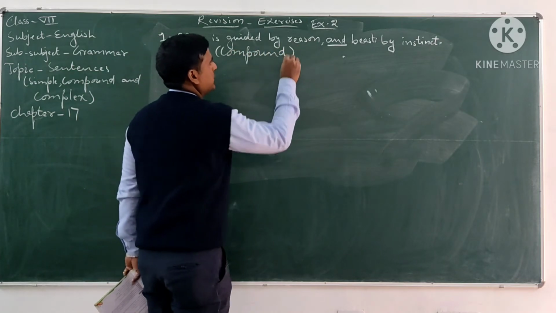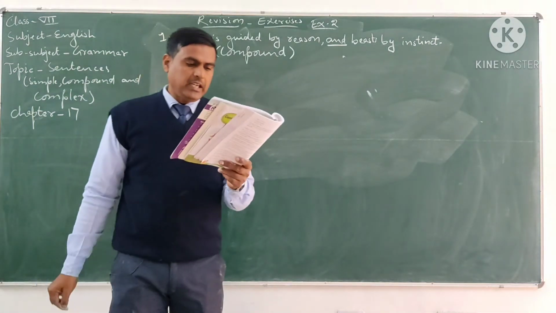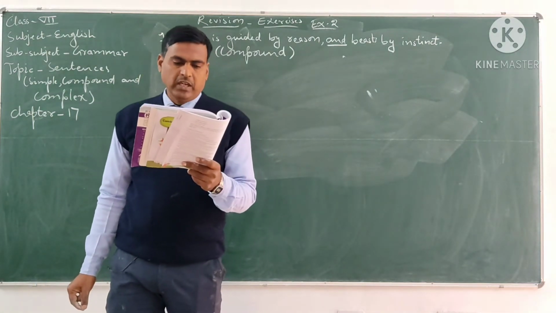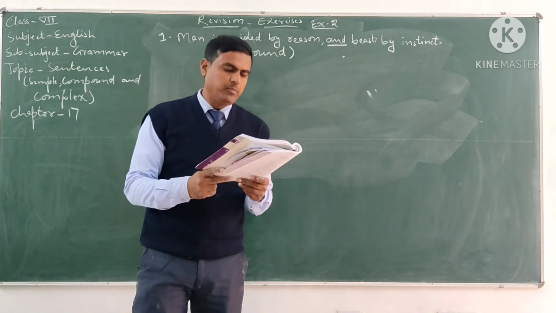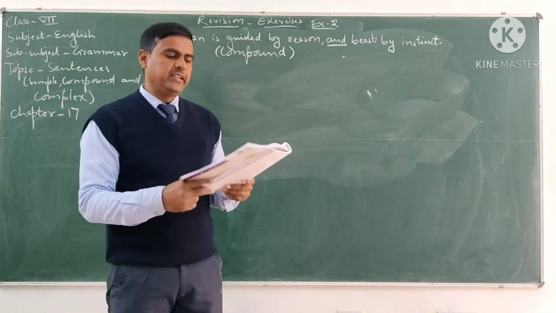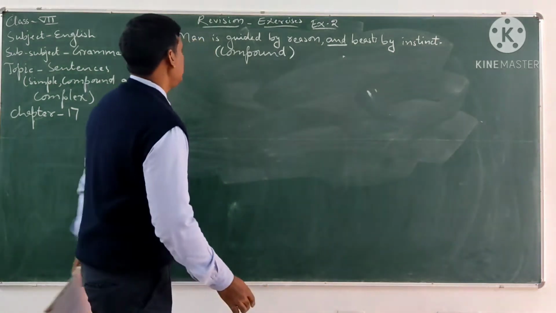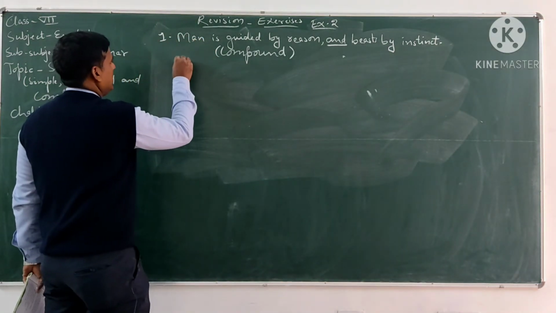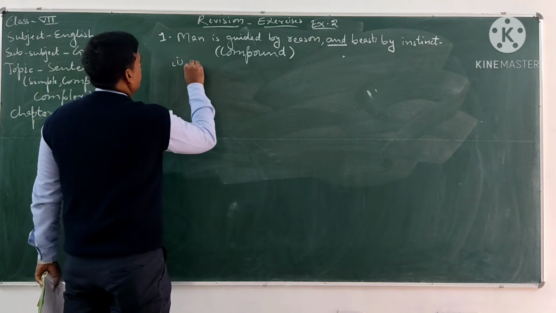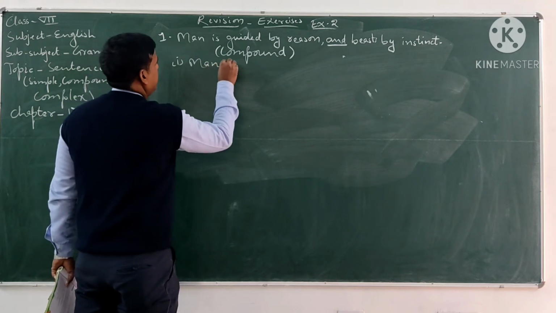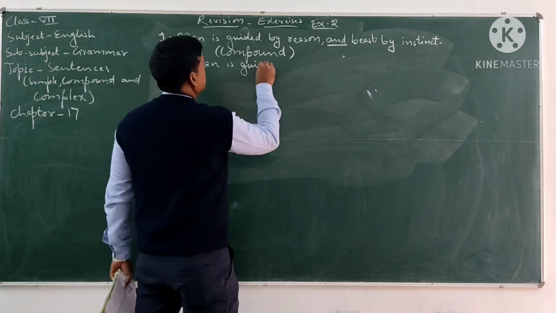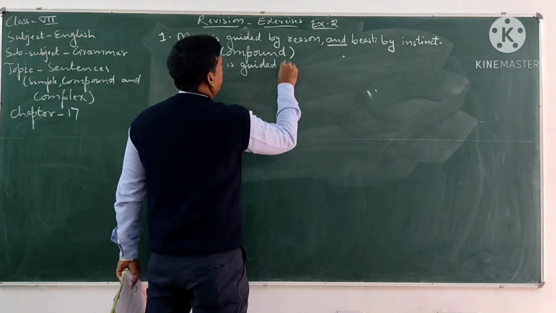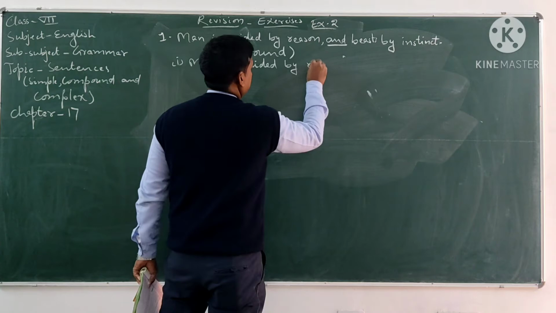This is a compound sentence. But it is said that in the case of a compound sentence, separate the coordinating clauses of which it is made up and mention the conjunctions connecting these clauses. So the first coordinating clause is, man is guided by reason.